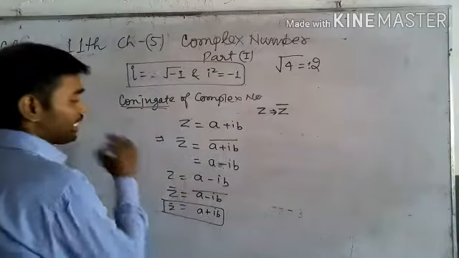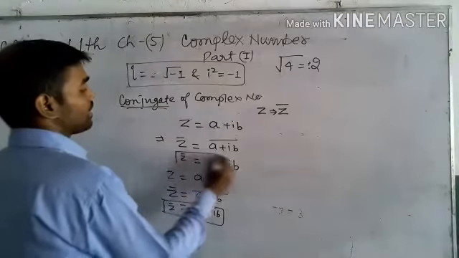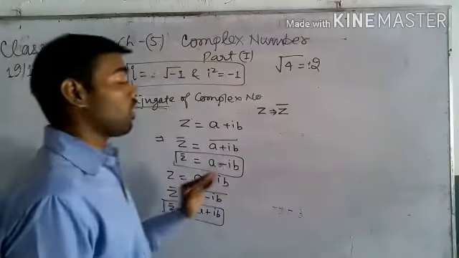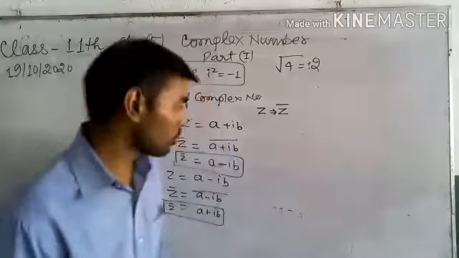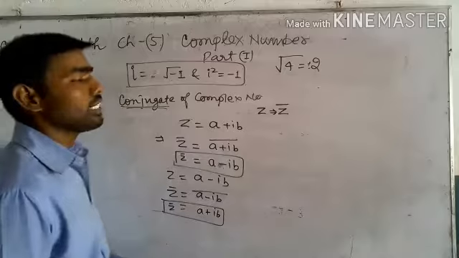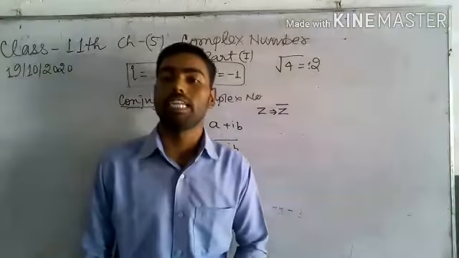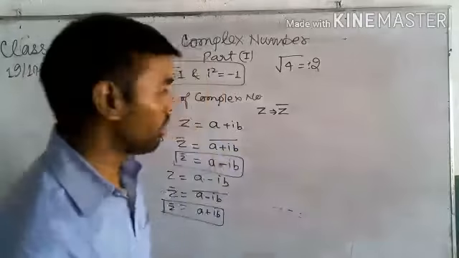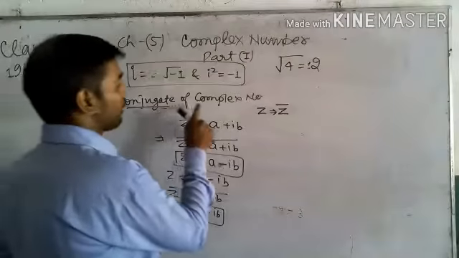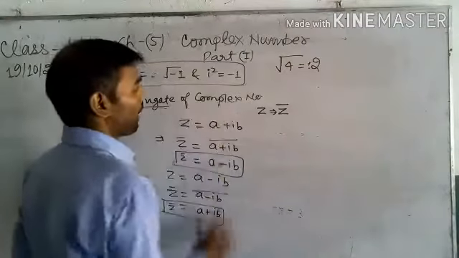Here, the conjugate has no effect on the real part. We change only the sign of the imaginary part when we write the conjugate of a complex number.